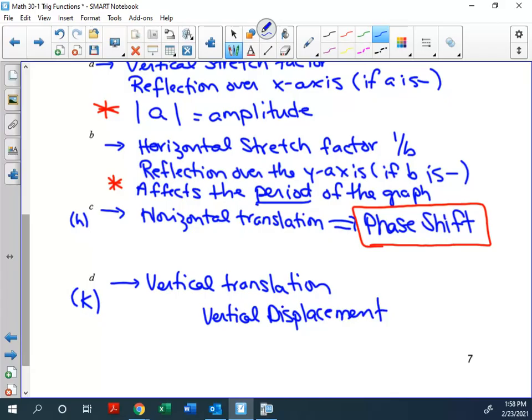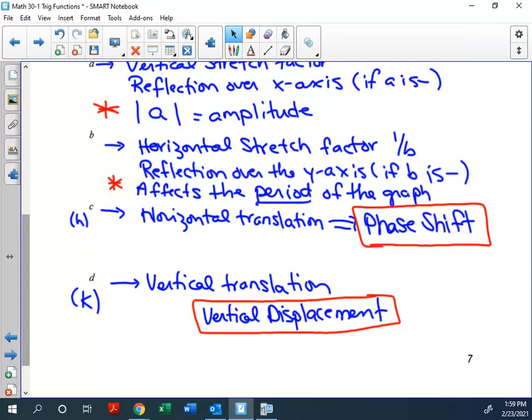So I don't know why that word gets changed. It just does. So those are a few things that we need to be aware of. A little bit of change in language. We discussed period, we discussed amplitude, we discussed phase shift and vertical displacement when we start talking about these different things. The effects, however, are the same. This is C, this is D.